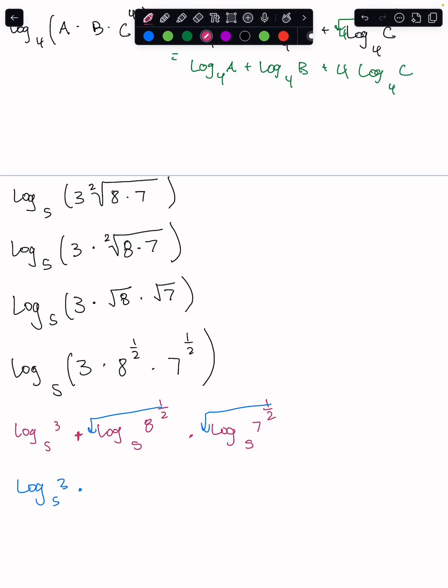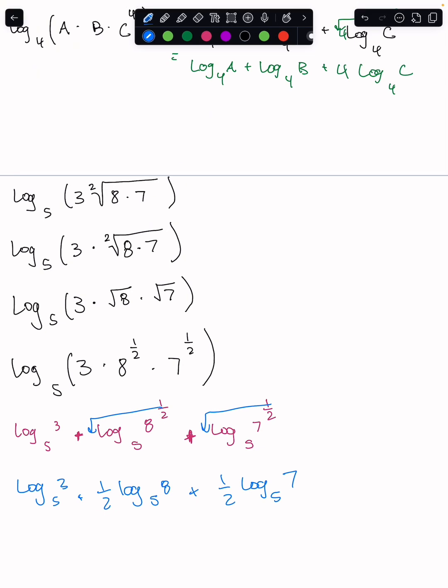So I forgot to switch that. So this is going to become a plus. One half log 5 to the 8 plus 1/2 log 5 to the 7.